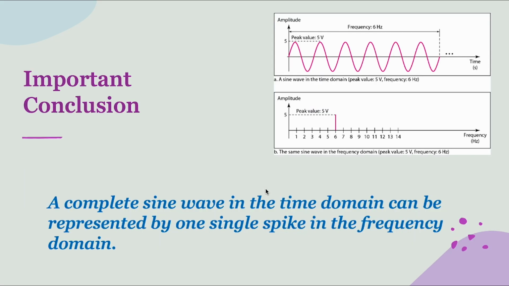So the important conclusion is that a complete sine wave in the time domain, where the amplitude varies as a function of time, can be represented by one single spike in the frequency domain. Okay? And this is the concept that is leveraged in communications. So we'll do one more slide today, and then we'll continue next time.